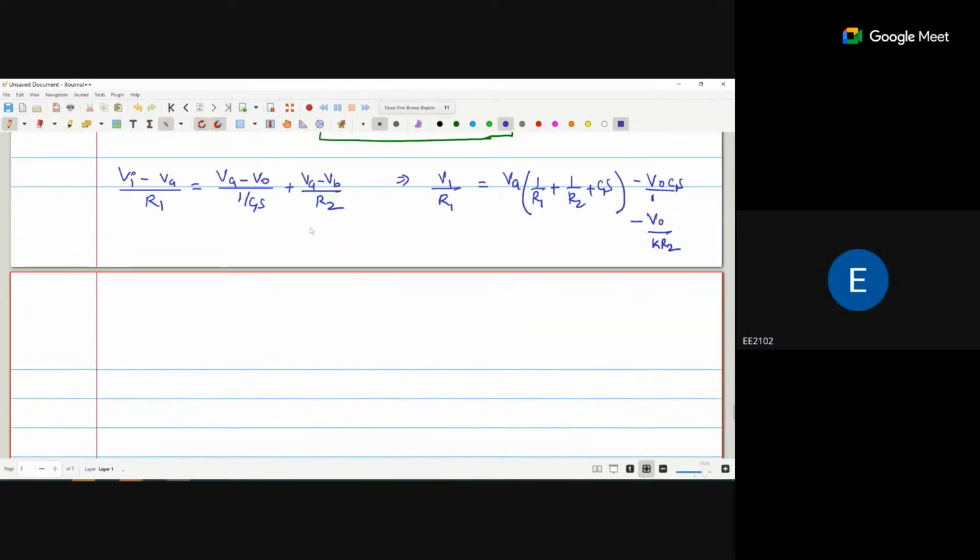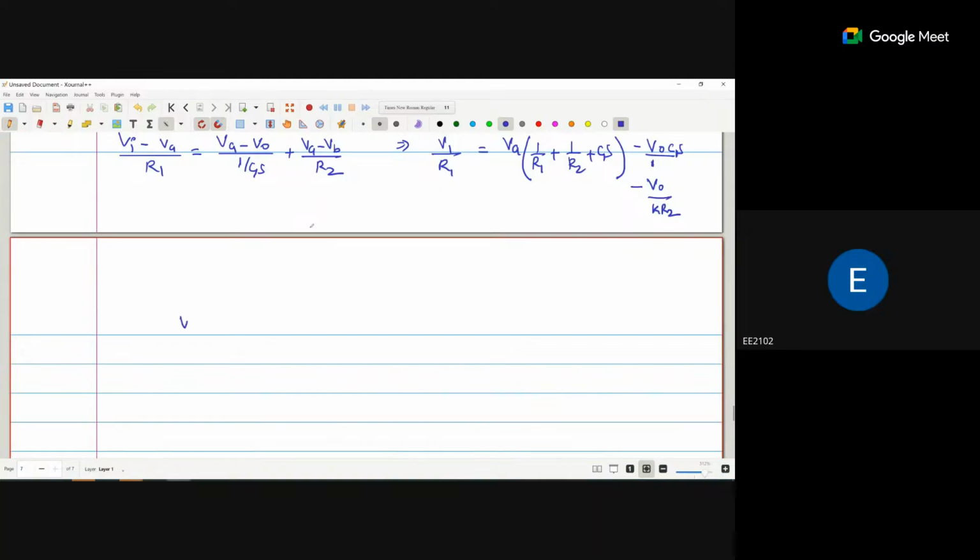So VI by R1 is equal to VA times (1 by R1 plus 1 upon R2 plus C1S) minus V naught times (C1S plus 1 upon K R2).